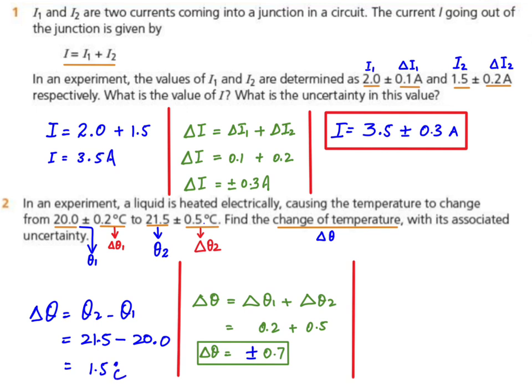Now the absolute uncertainty is found by simply adding the absolute uncertainties in theta 1 and theta 2. So it's 0.2 plus 0.5. Absolute uncertainty in theta is 0.7 degrees Celsius. So delta theta is equal to 1.5 plus minus 0.7 degrees Celsius.